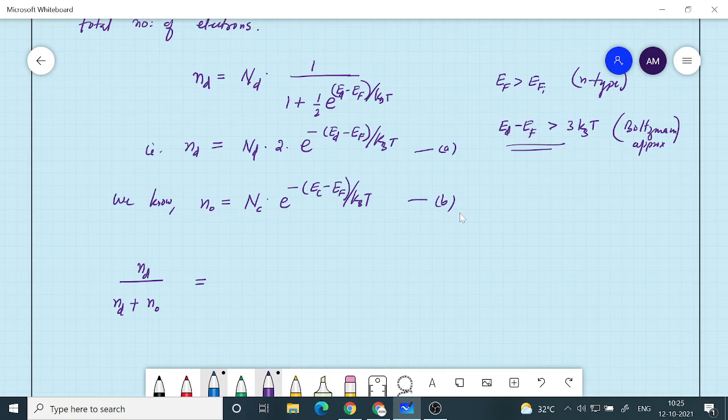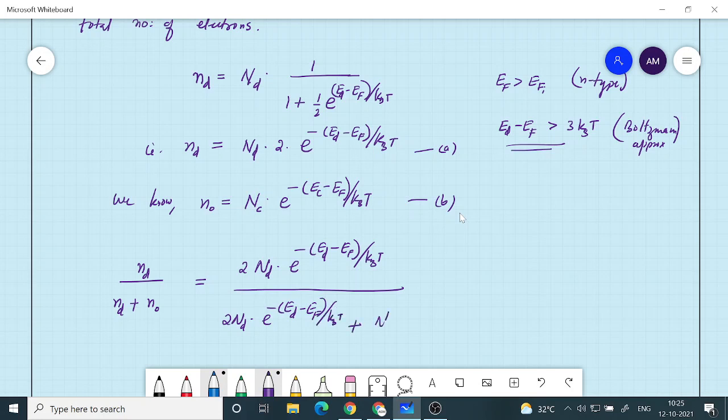That is 2Nd times e raised to minus (Ed minus Ef) by kBT, divided by again 2Nd times e raised to (Ed minus Ef) by kBT, plus N0, that is Nc times e raised to minus (Ec minus Ef) by kBT. So this is the fraction that I am interested in.